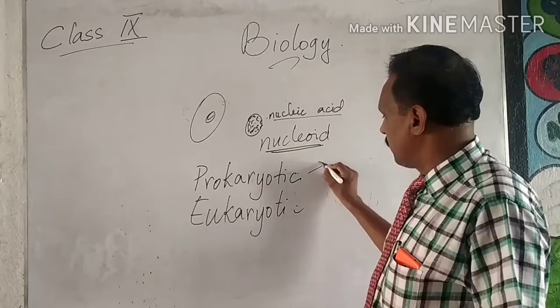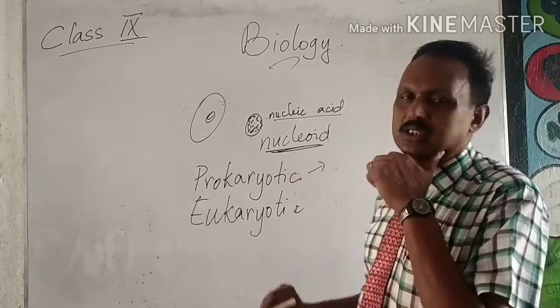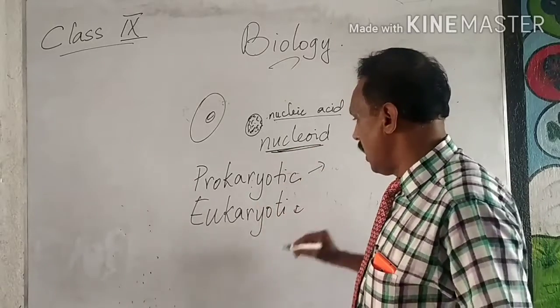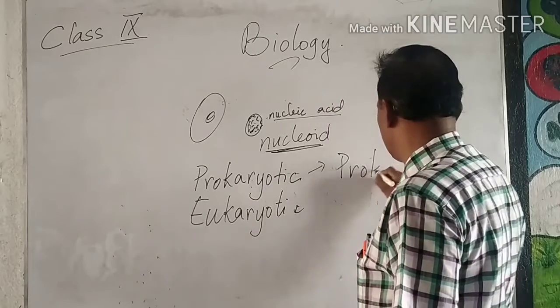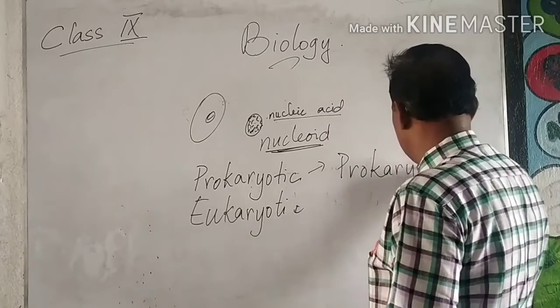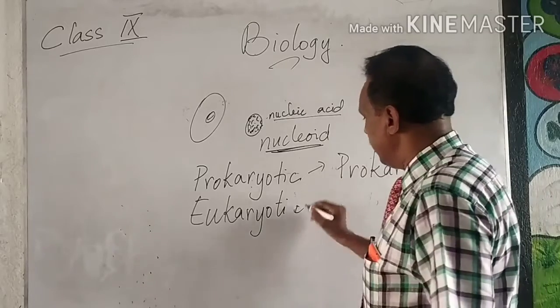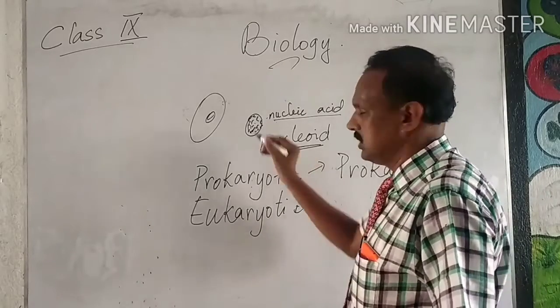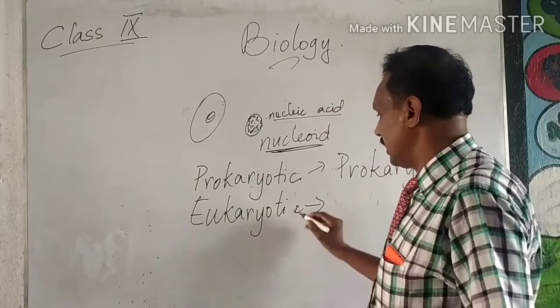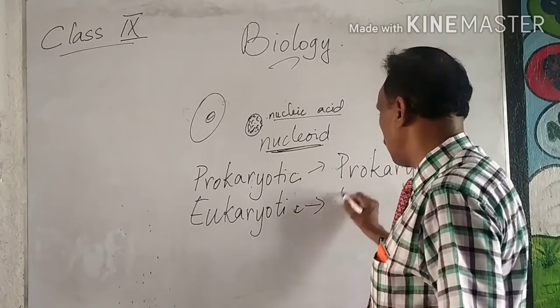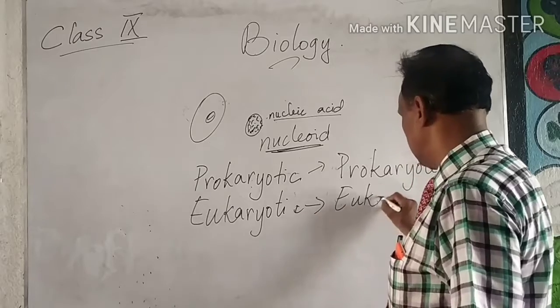Some of the bacteria which have this kind of nucleus, we call prokaryotic cells, or prokaryotes. And when they have the nuclear membrane and the cytoplasm and all, we call them eukaryotic cells or eukaryotes.